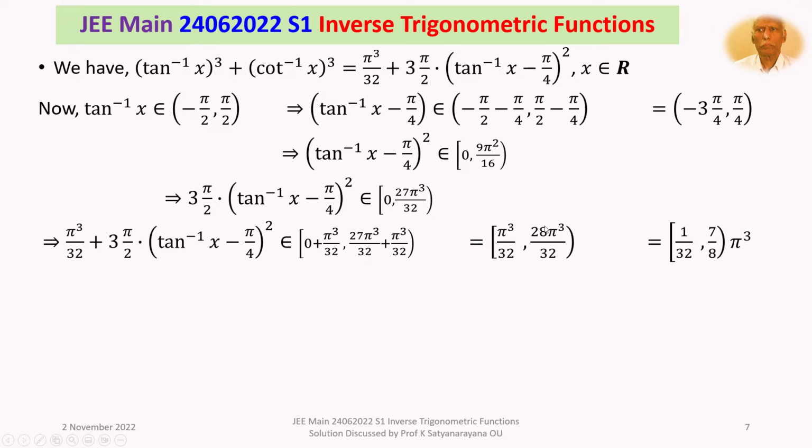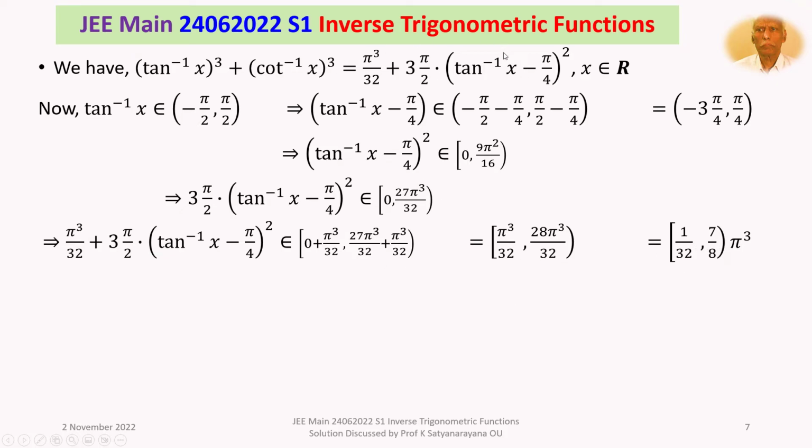Cancel the common factor for both numerator and denominator and take out pi cube common outside. Then it will be the interval 1 by 32 comma 7 by 8 into pi cube, and it is closed at 1 by 32 end. Agreed? Agreed.